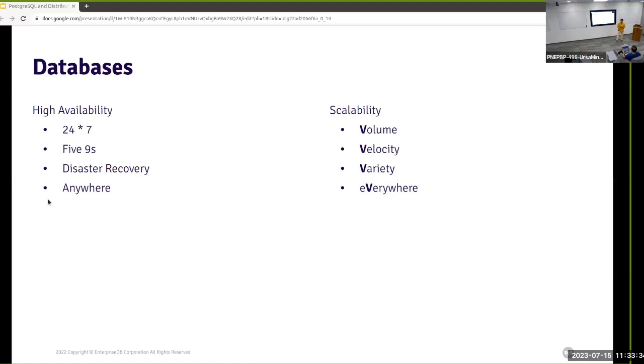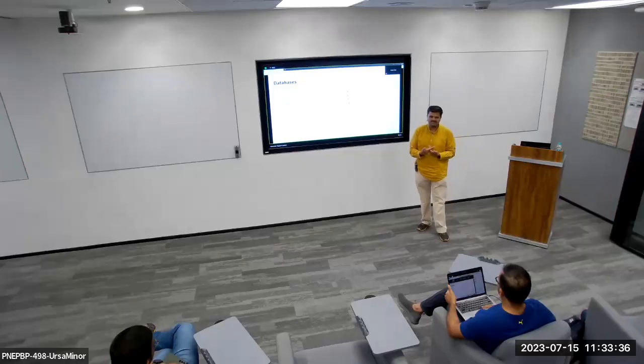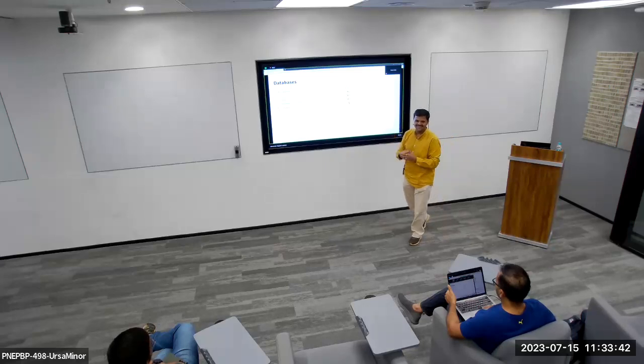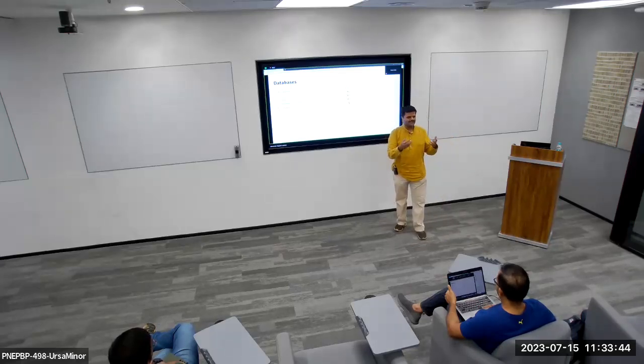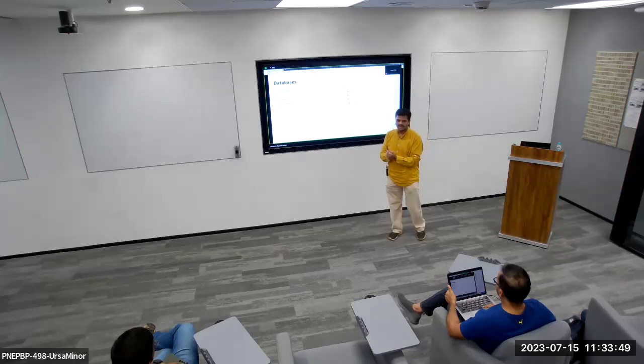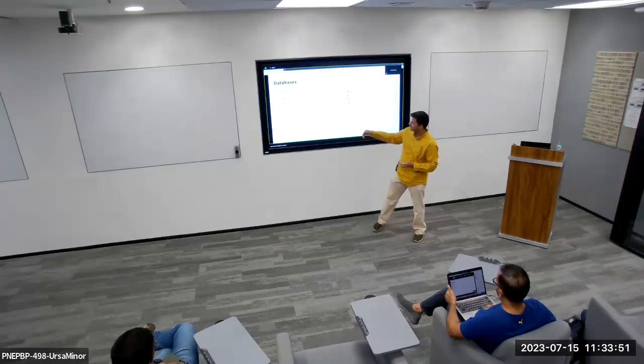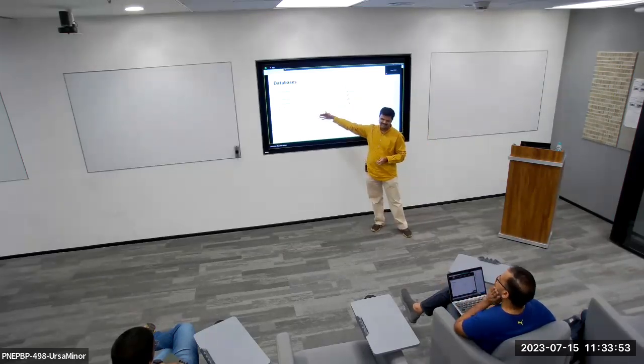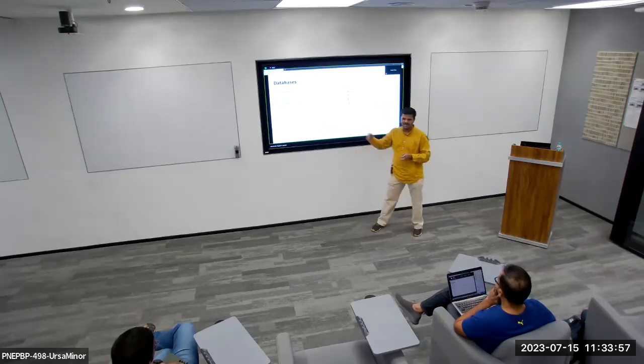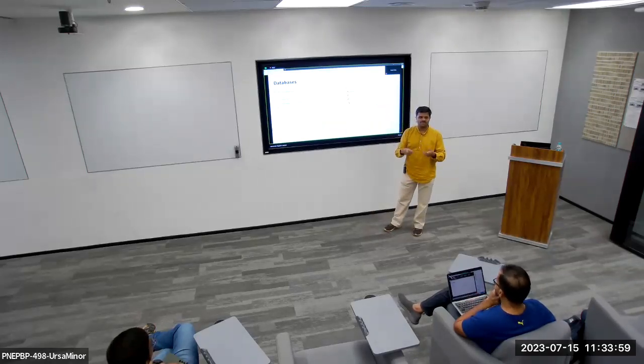We want the functionality to be available anywhere, whether I'm in India, whether I'm in the US, well, outside the earth now. We want that data to be available, right? So we can see the progression right here of high availability, how it has evolved over the years, and how the requirements are getting more and more stringent.